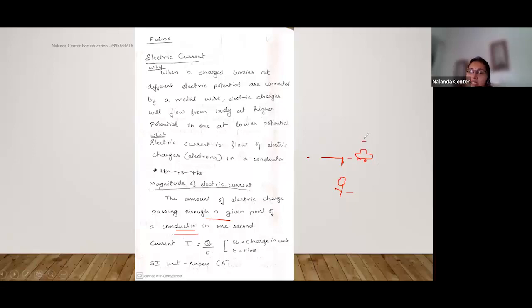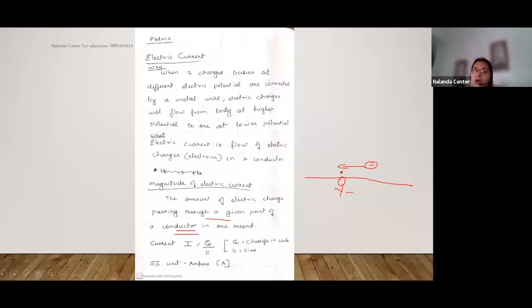Likewise, consider this is a metal wire, and electrons are moving. Electrons are going to have negative charge, right? They are moving in a very systematic way. I am watching this particular point in the conductor.